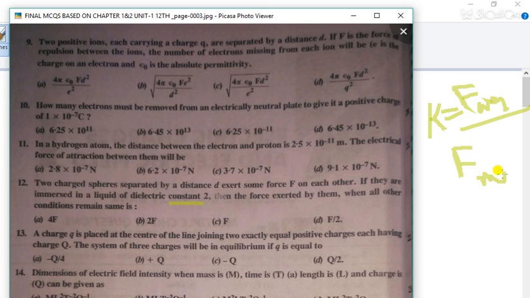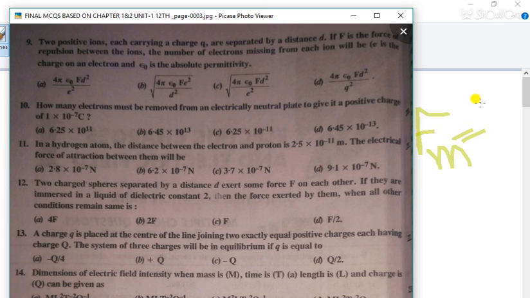So if we have to find the force between two particles in medium, then we will use, wait students, so in that case you will say force will decrease by the factor K. So force in medium is equal to force in air by K. So it is force in air is F. So force in medium will be F by K. K's value is 2.